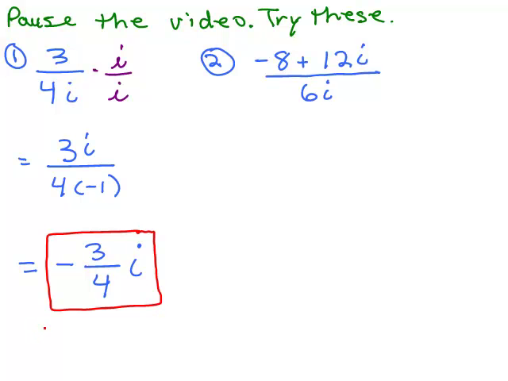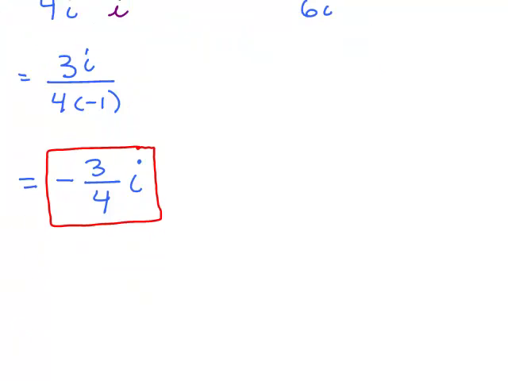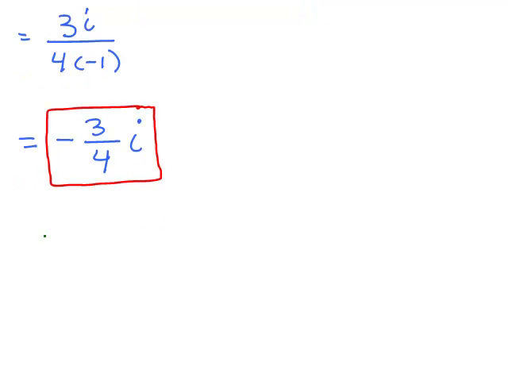In other words, if you have b over ai, if you multiply the top and bottom by i, you end up with bi over ai squared, right? And ai squared is negative a.